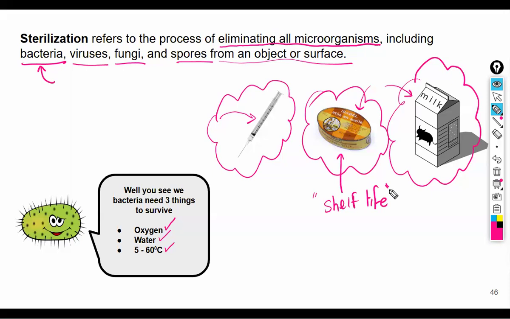Which one do you think will last longer in the supermarket: the food that has not been sterilized and is put on the shelf, or the one that has been sterilized and all the bacteria removed? The answer is that the sterilized one will last longer on the shelf.